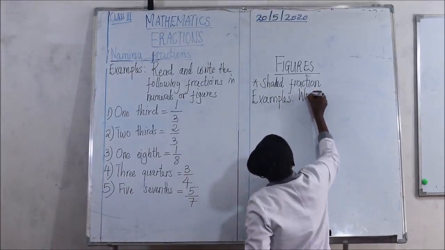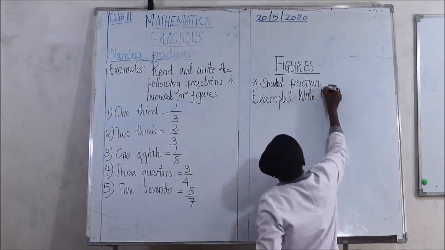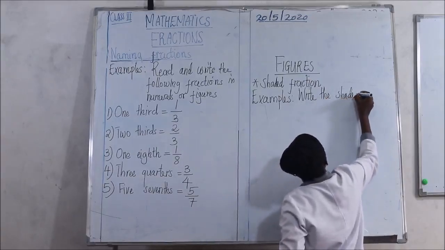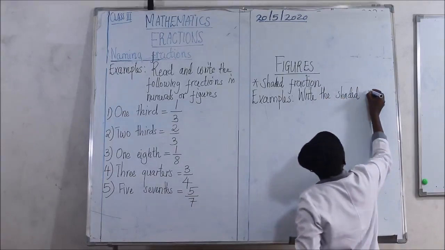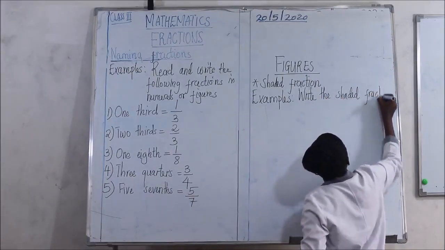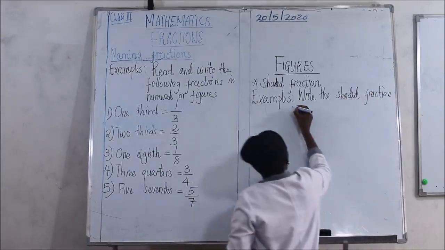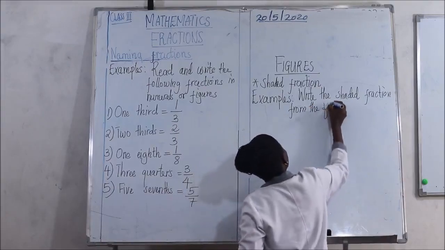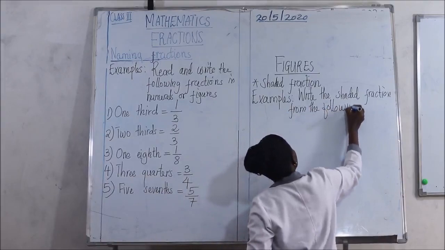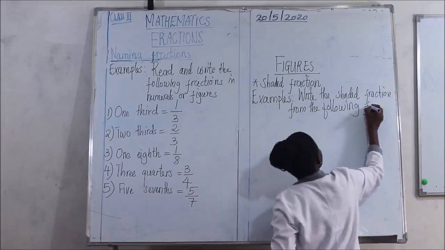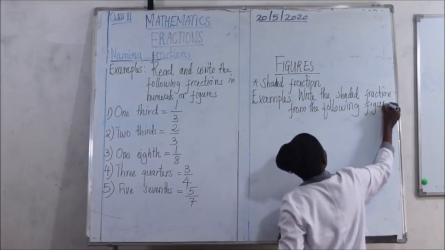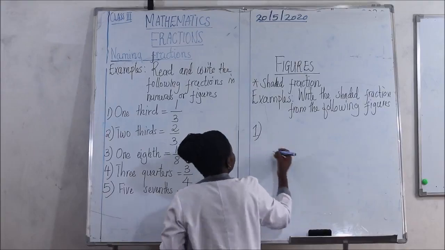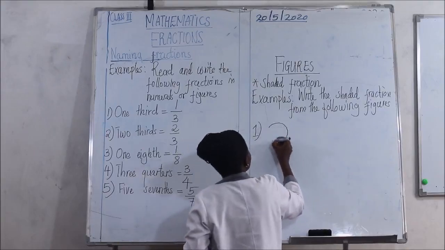Write the shaded fraction from the following figures. So we have the first example. Let's say the diagram is like this.